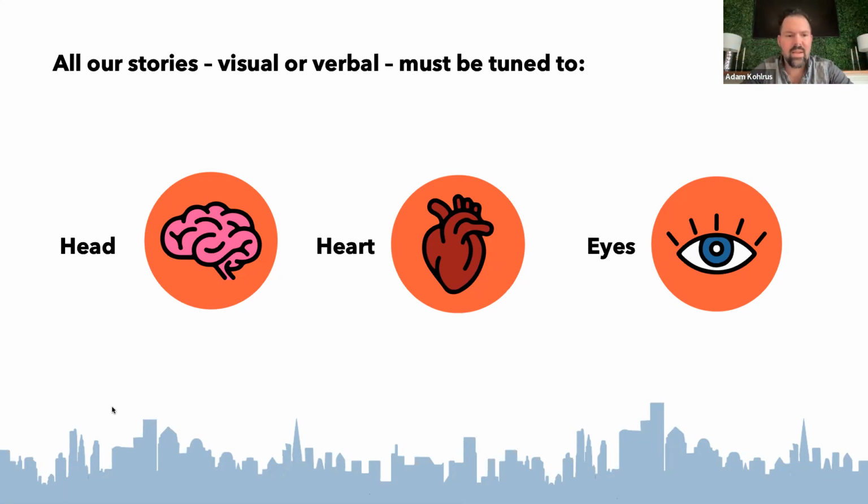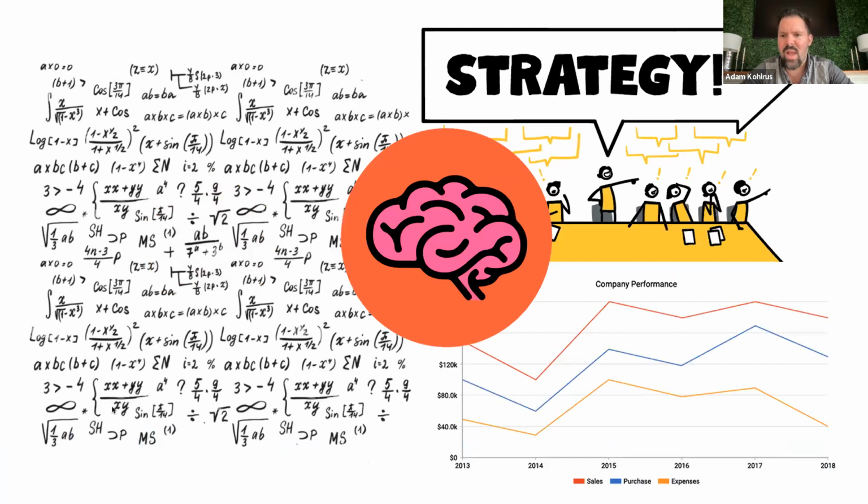So what is the head? So the head is our strategy. I feel like we're really strong in this in healthcare. We're pretty good with talking about ROI, harms prevented, lives saved, costs saved. We've got pretty robust analytics at a lot of our fingertips, or at least the ability to pull data out and have that be a part of our story.